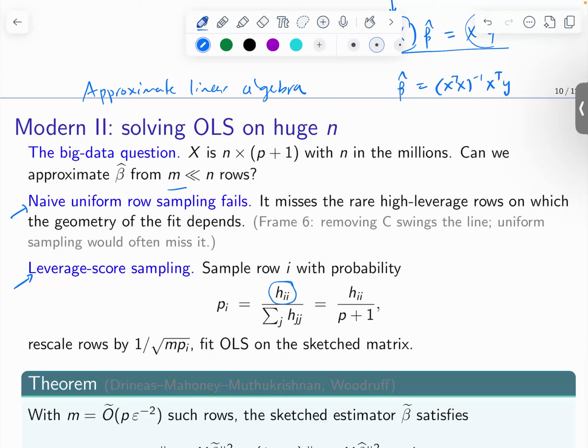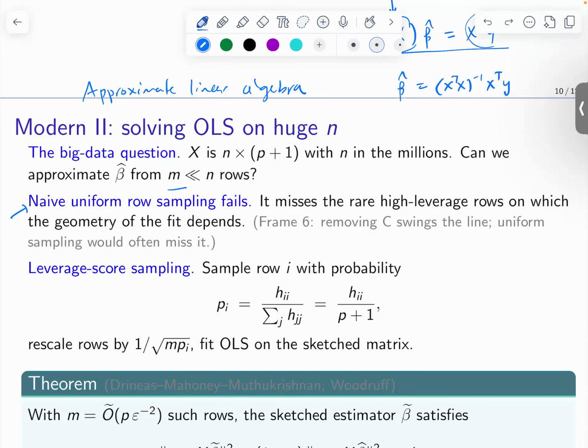The rows with higher h_ii would have more influence in the total fit, so you try to include those more often. If you define a probability distribution over the row indices, h_ii divided by the sum, we know that the sum is p plus 1. So you get this very simple probability distribution. You can sample the rows with these probabilities.